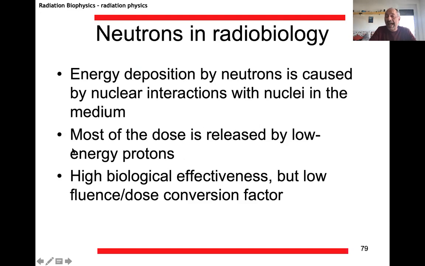The high LET of the protons that irradiate everywhere, because it depends on the interaction of the neutrons, gives high biological effectiveness, but make no mistake, it is not a biological effectiveness per unit neutron. It is a biological effectiveness per unit dose, because the fluence-dose conversion factor for neutrons is low. So you need a lot of neutrons to produce a dose that with charged particles you would produce with very, very few particles.